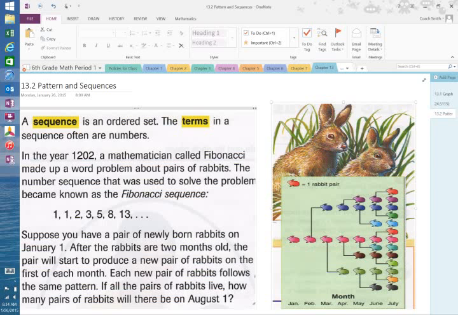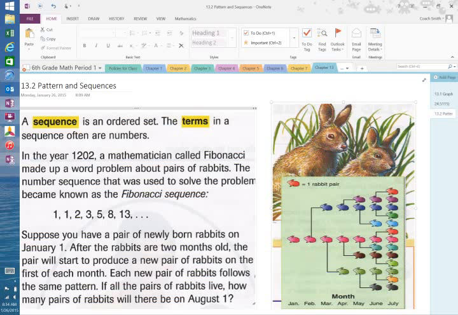So it starts here. What it's saying is after it's 2 months old, it will produce another pair of rabbits, after the second month. So here it produces another pair. Then you get another pair, and it produces a pair.